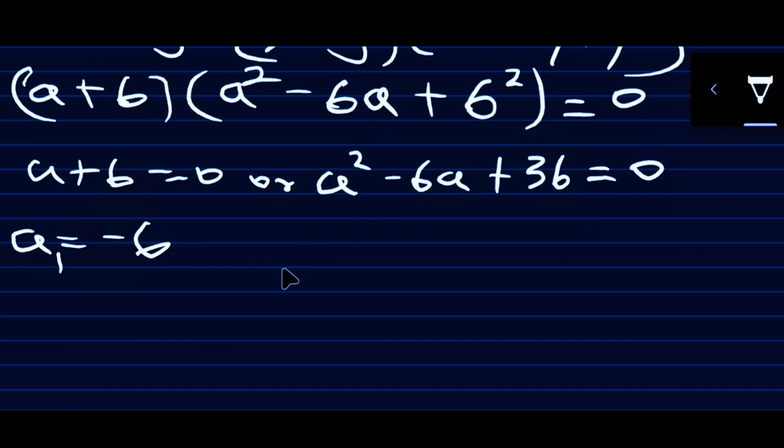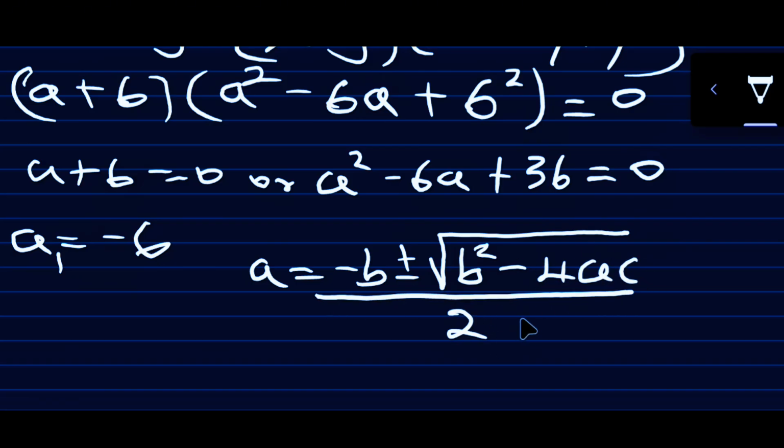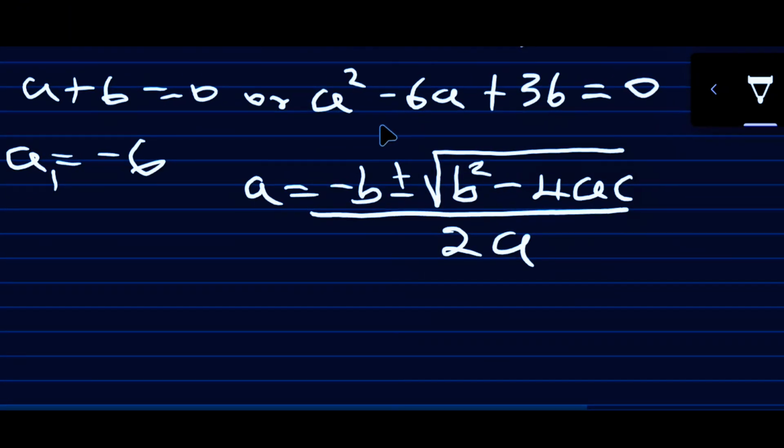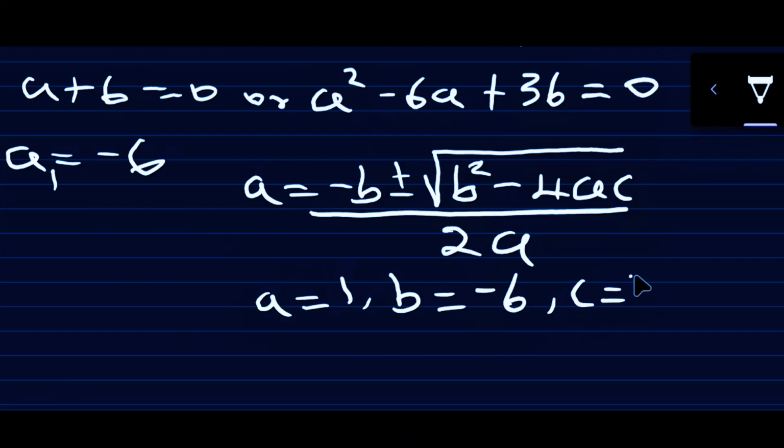That formula says that a equals (-b ± √(b^2 - 4ac)) divided by 2a. From this equation, a equals the coefficient of a squared, which is 1, b equals the coefficient of a, which is -6, and c equals 36.